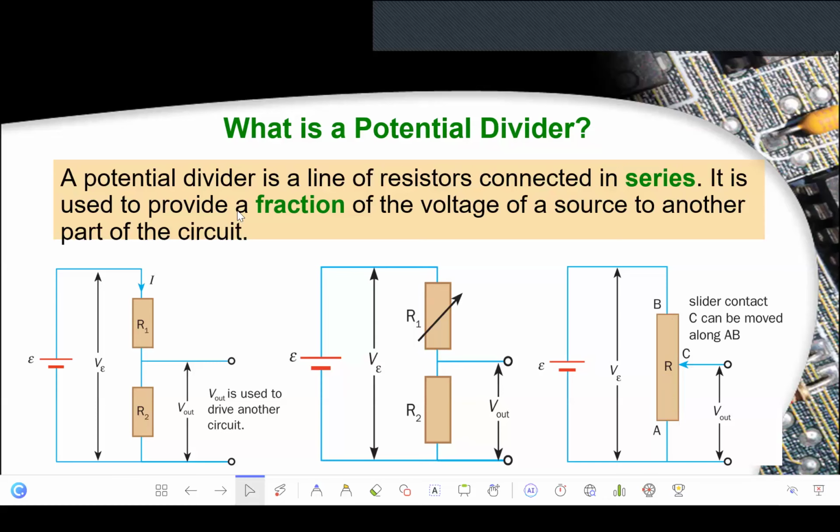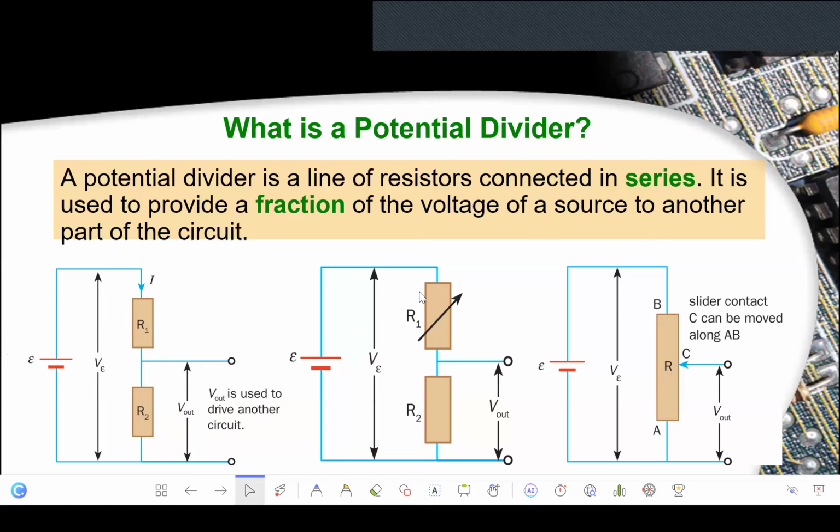It is often used to provide a fraction of the voltage of the source to another part of the circuit. So I can vary the amount of voltage that comes out to another circuit. I might not need the entire voltage over here. Where I put two fixed resistors, I can't really vary the amount of V out.